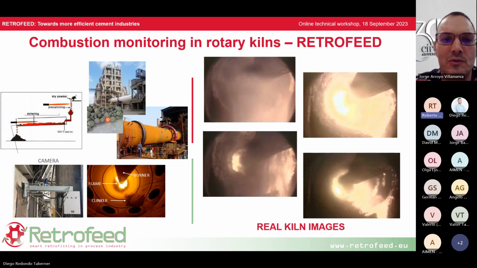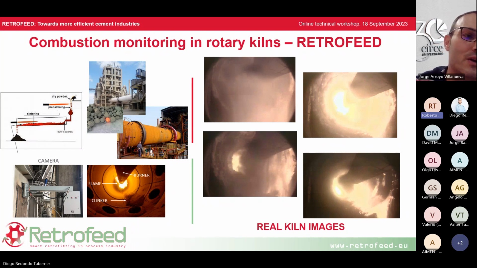All developments we have been working on were based on gaseous fuels. We recorded the images, and with post-processing, let's say, the innovation in the RETROFEED project was that we were going to work with solid fuels.